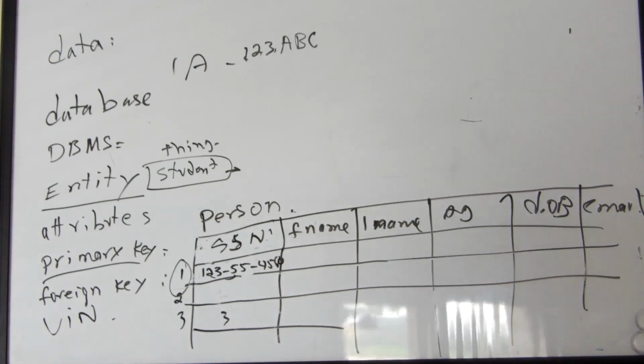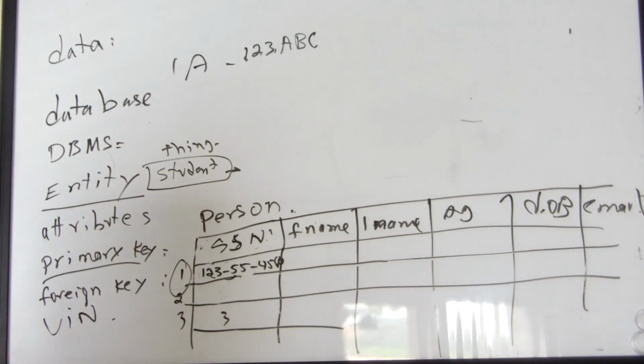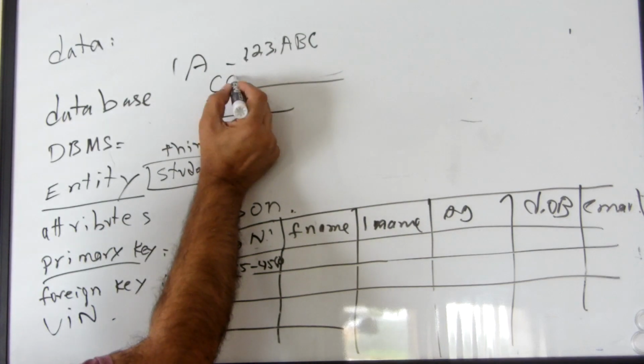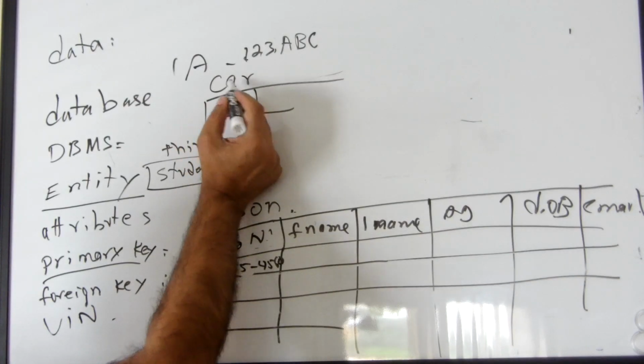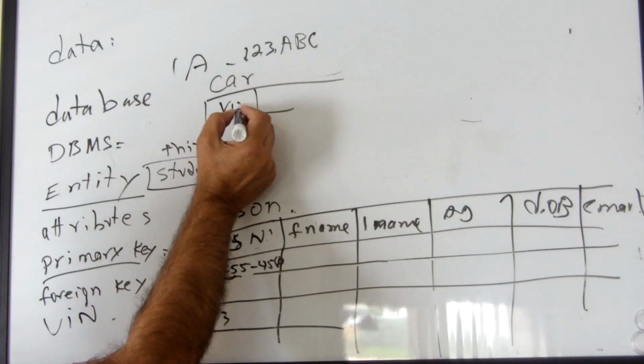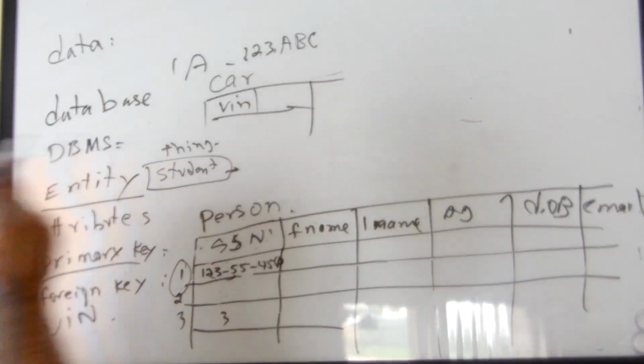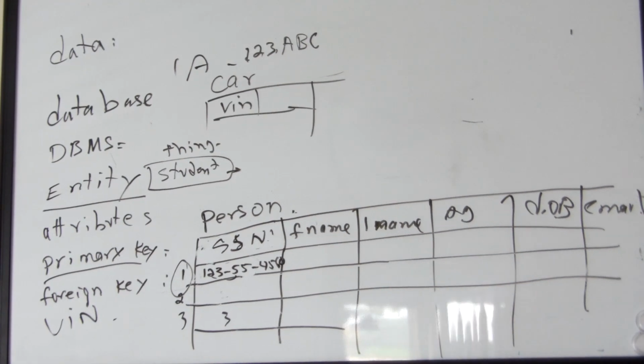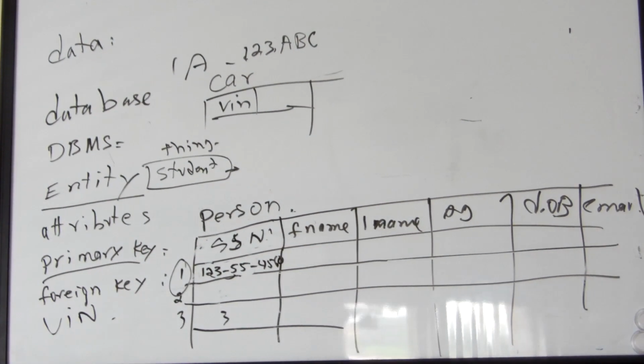The license plate must be different. So if you want to create a table named car, it has the information car ID, the VIN number, and then the model, year, and all this. It depends on what kind of table you want.